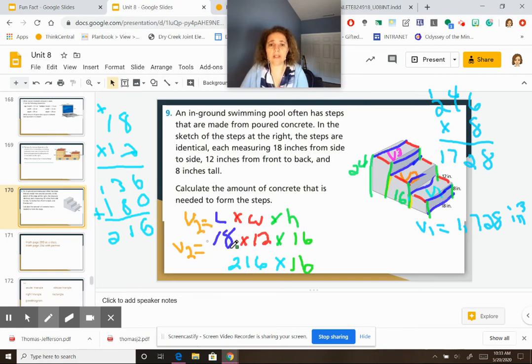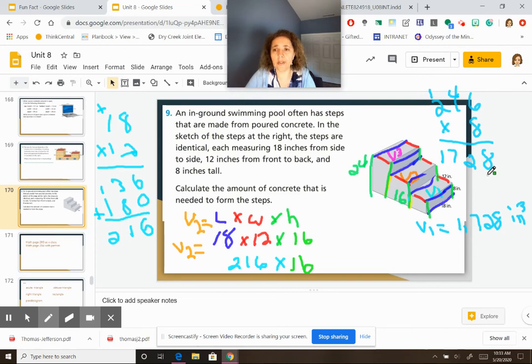My length is still 18, my width is still 12. And remember, I already did 18 times 12, which was 216. Now my height is 16. So what's changing? My height. My height used to be 8, now it's 16, so it's being doubled, right? So in essence, I can take my 1,728 that I already found when I multiplied by 8, and multiply that by 2 to get my answer.